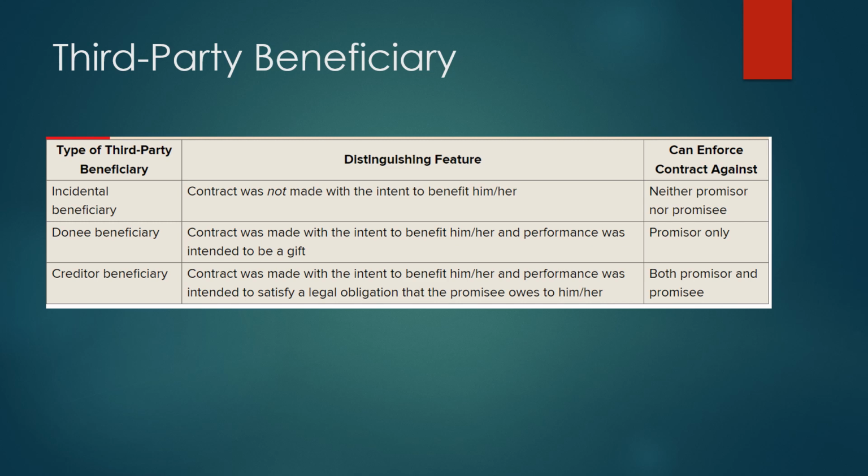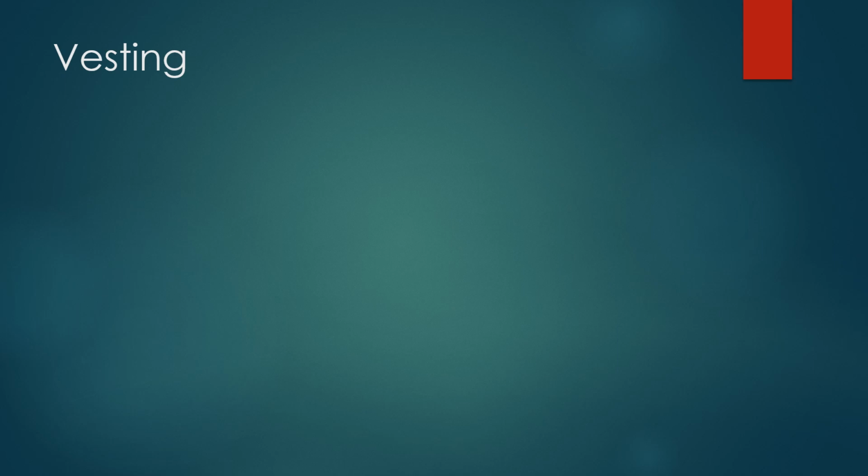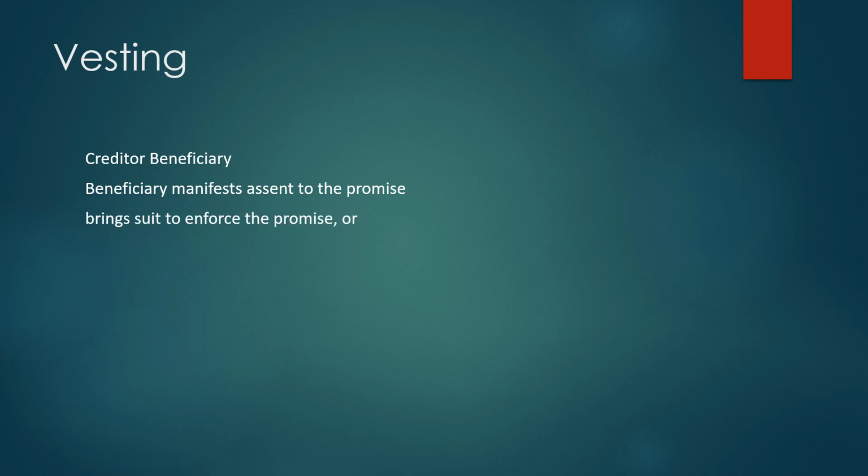But when can you do this? When you vest, when your interest vests. So if you're an intended beneficiary, a creditor beneficiary, if you say, yes, I agree to that, we make this promise during the making of the contract. Hey, I can't pay you, but I'm going to do this for Steve so he pays you. And you agree to it, you've become vested. You can now go after both Steve or me if you don't end up getting your money.